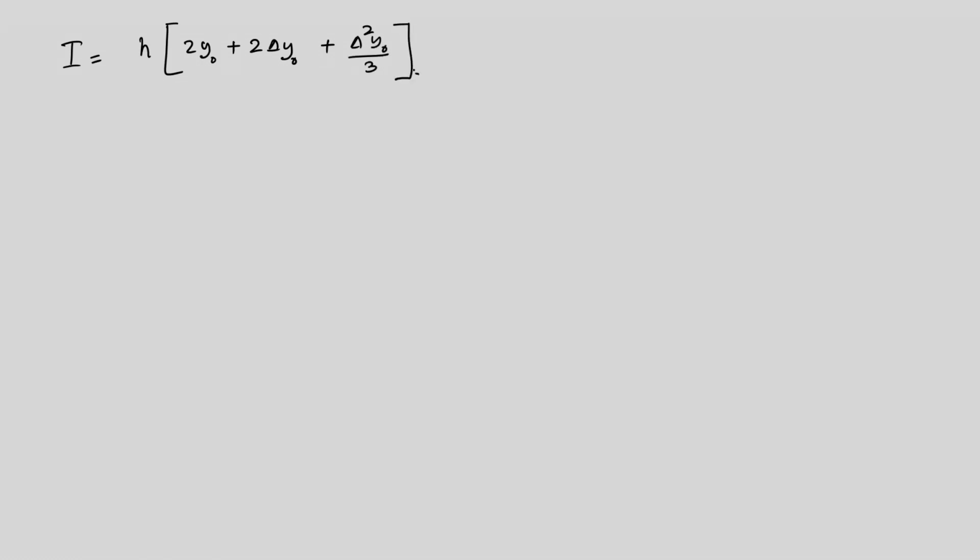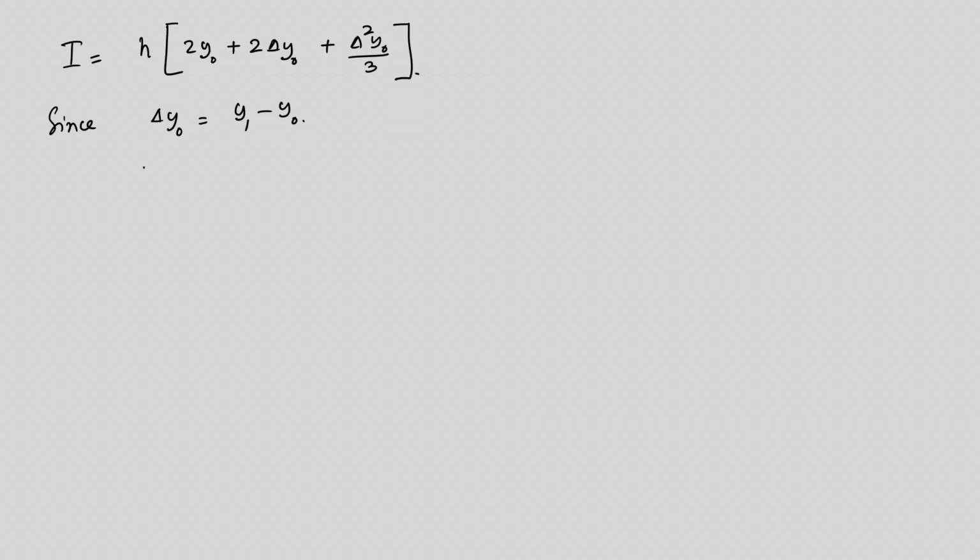All right. So, this is the value of this integral. So, since delta y 0 is nothing but y 1 minus y 0, this is the difference between the values at x equal to x 1 and x equal to x naught.